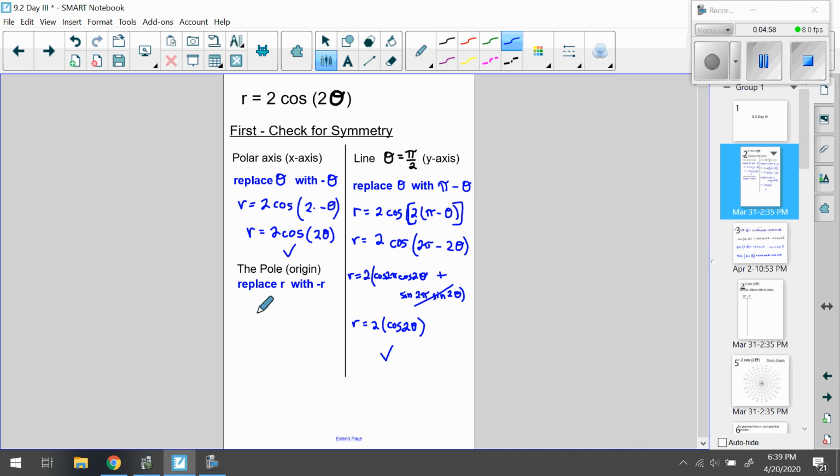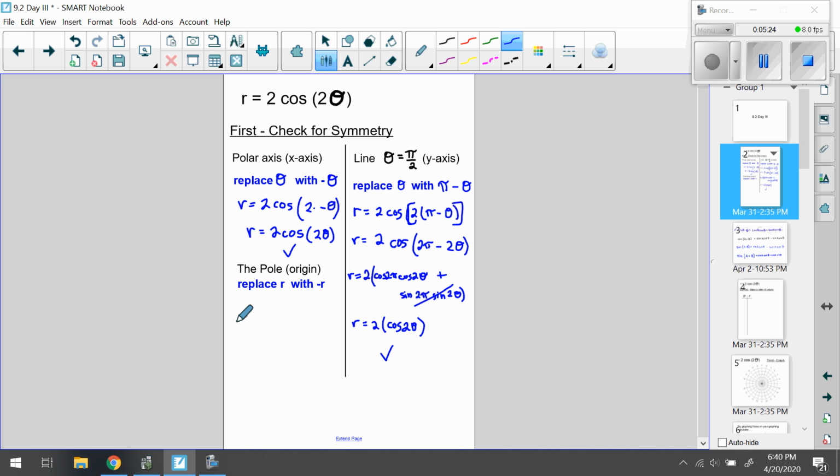And then I'm going to add one more. There's a way to check symmetry over the pole. The pole is like being symmetric over the origin. You might remember doing that with rectangular coordinates. I didn't have you check this on the last one because none of the ones we did last time were symmetric over the pole, and I felt like I'd already given you enough work to do. But some of them today might be, and so this one's actually really easy to check.